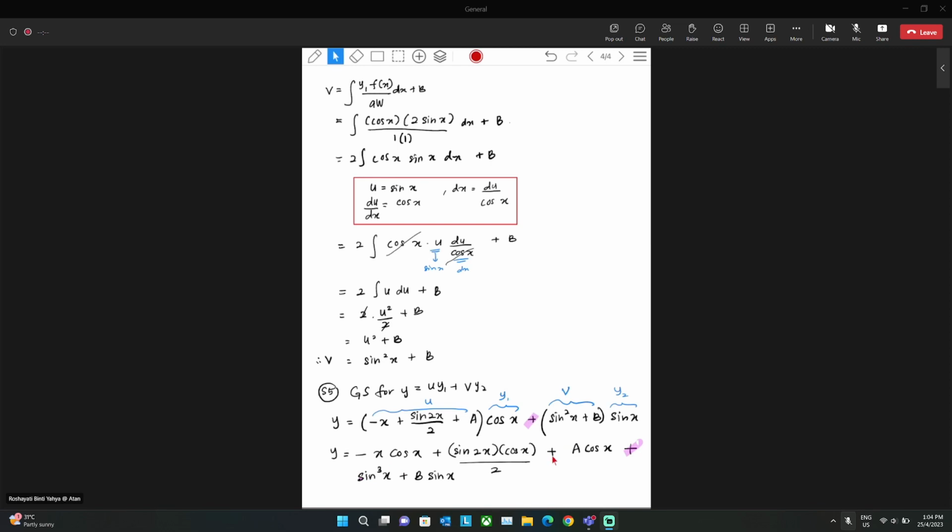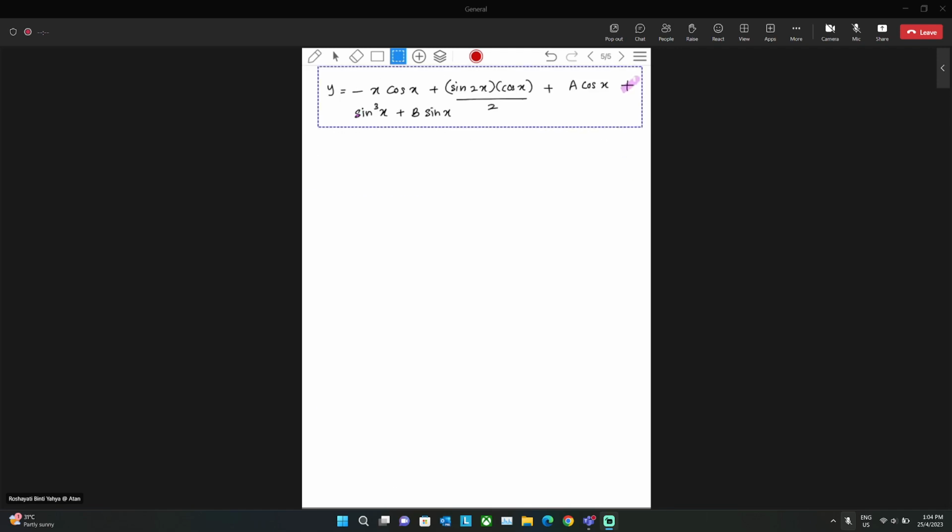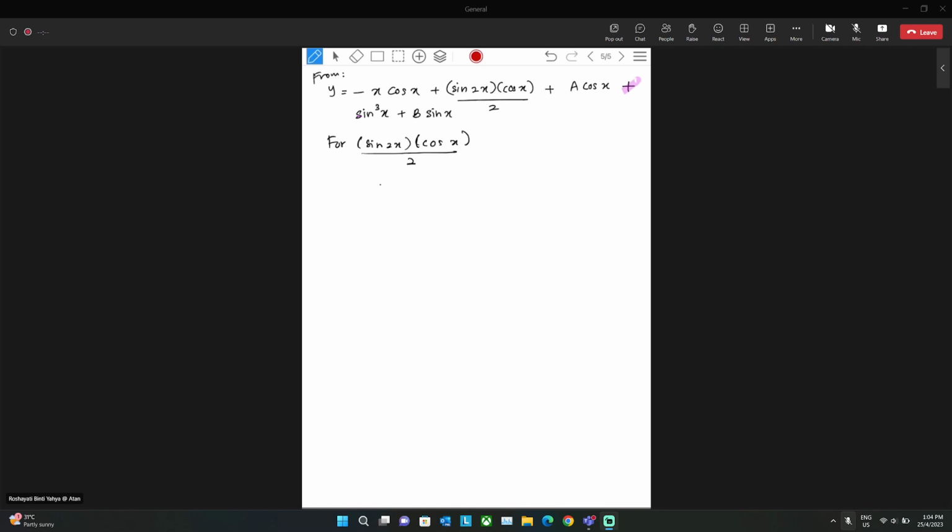Based on this, just for us to refer. So for sin 2x cos x over 2, we know, note here that sin 2x equal to 2 sin x cos x.